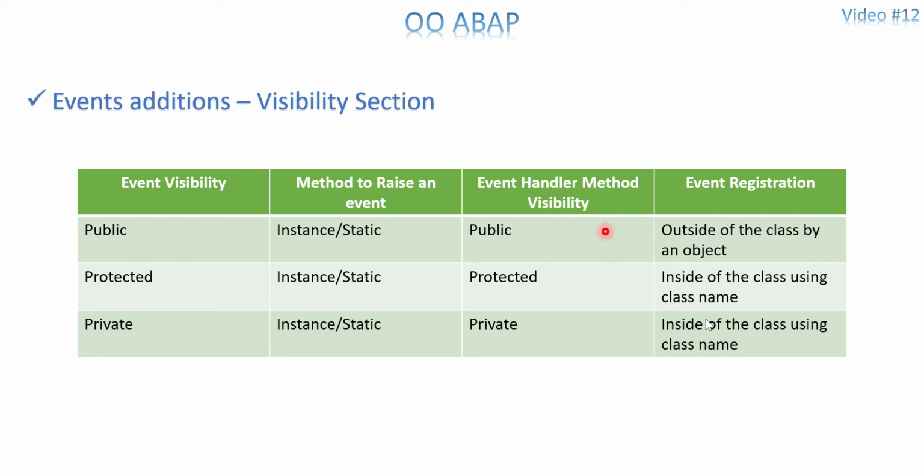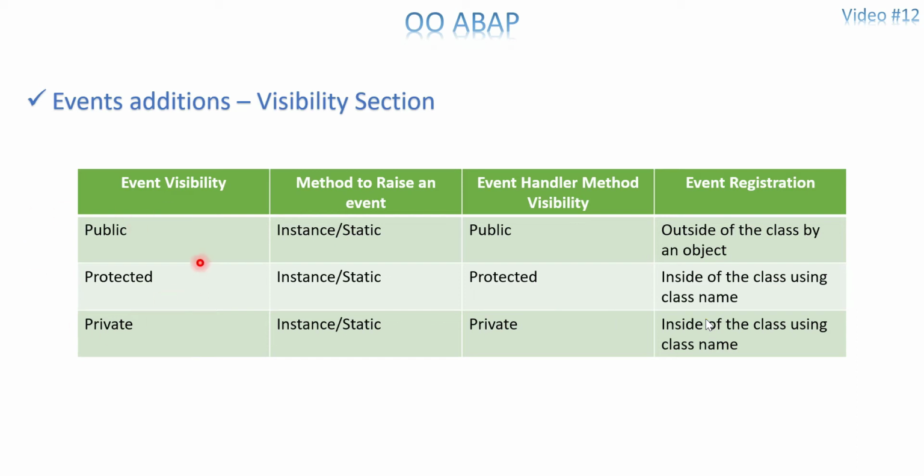If the event is public, it can be a public event handler method, and you don't have any restriction, so you can do a set handler. This is the registration. Event registration is nothing but set handler. The set handler statement can be done outside of your class with the help of an object because it's a public event handler method. The registration depends on your event handler visibility.